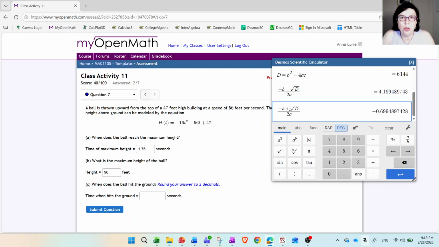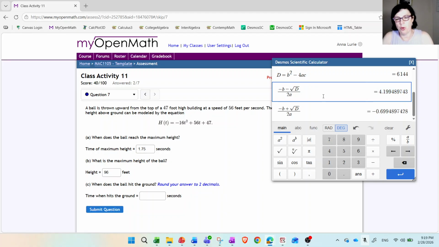Now remember, we are looking for the time when it hits the ground. There is no way for the time to be negative. The second solution is what we say extraneous. It's not going to be the solution because there's no way for the ball to hit the ground at a negative time. It has to be a positive time, which means that this is your answer.